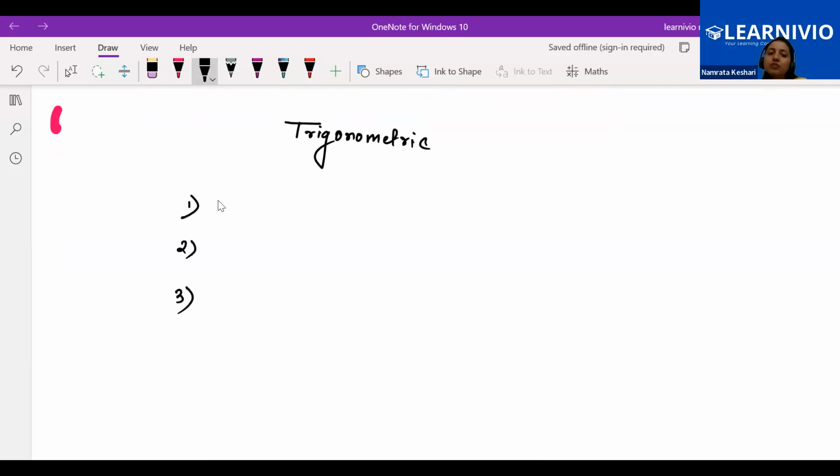Are you solving previous year question paper? No, ma'am, right now I did not start. From this chapter you have not practiced? No, ma'am. Please start, Aisha, because this chapter you have already completed, right? Yes.